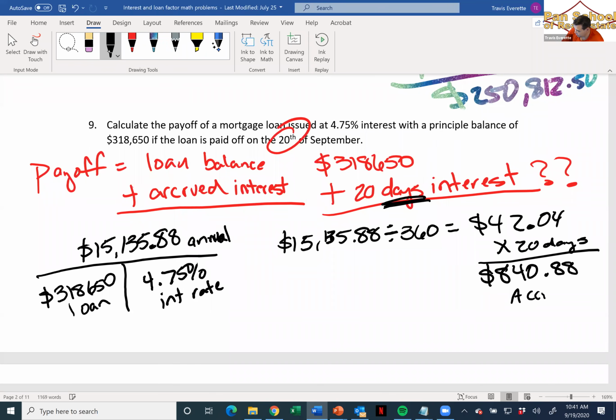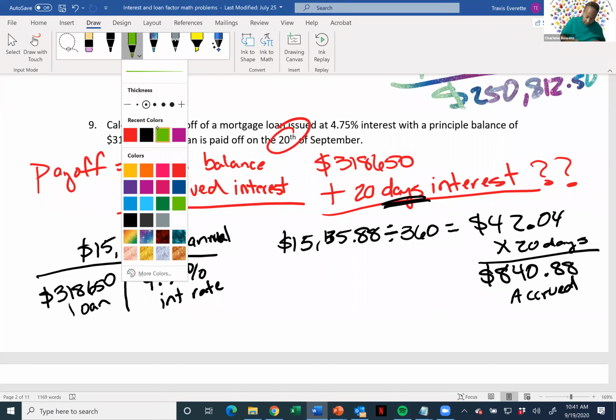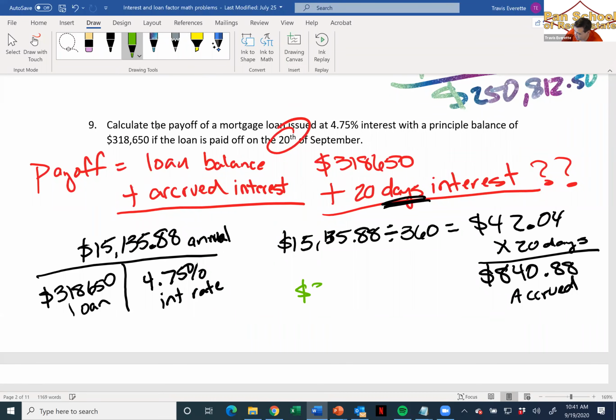Yes, accrued. So now go back. What we wanted to know was 318,650 plus 20 days of interest. Don't we have everything we need now? Looks to me like we do. My loan is 318,650. My accrued interest is 840 and 88 cents.